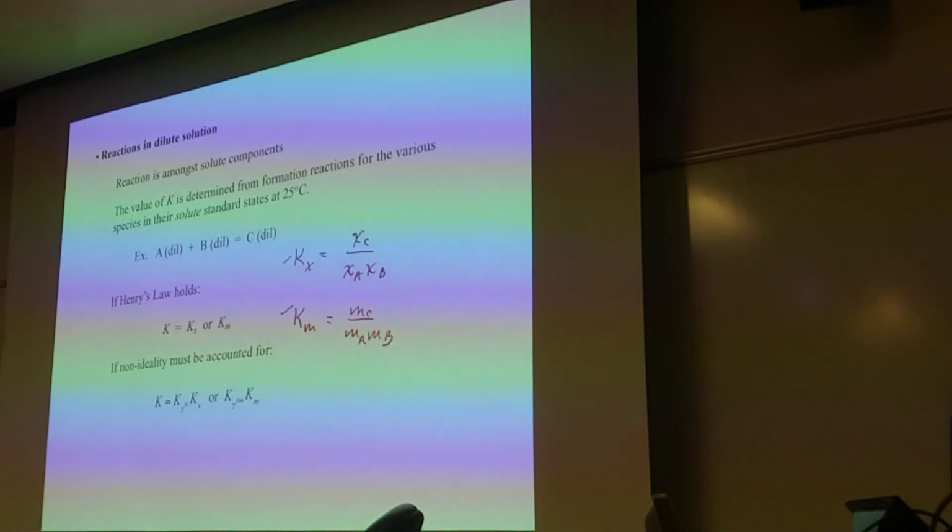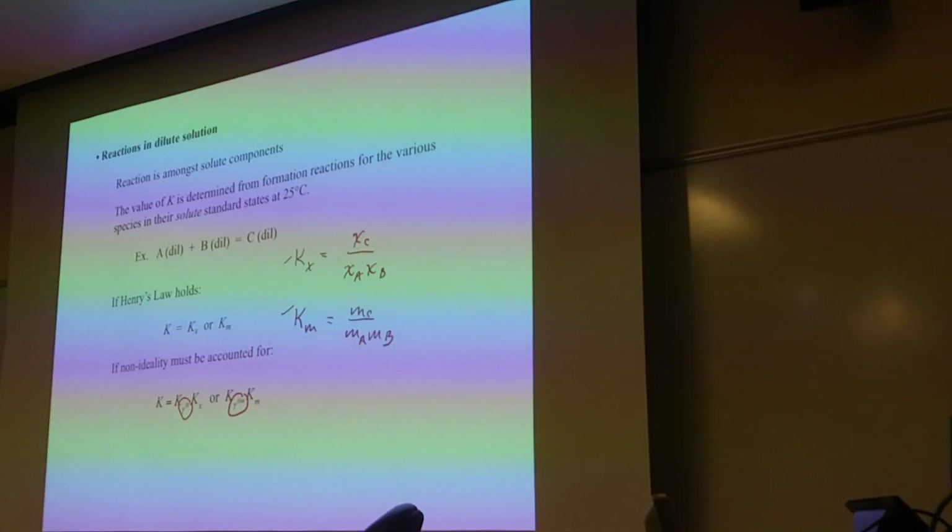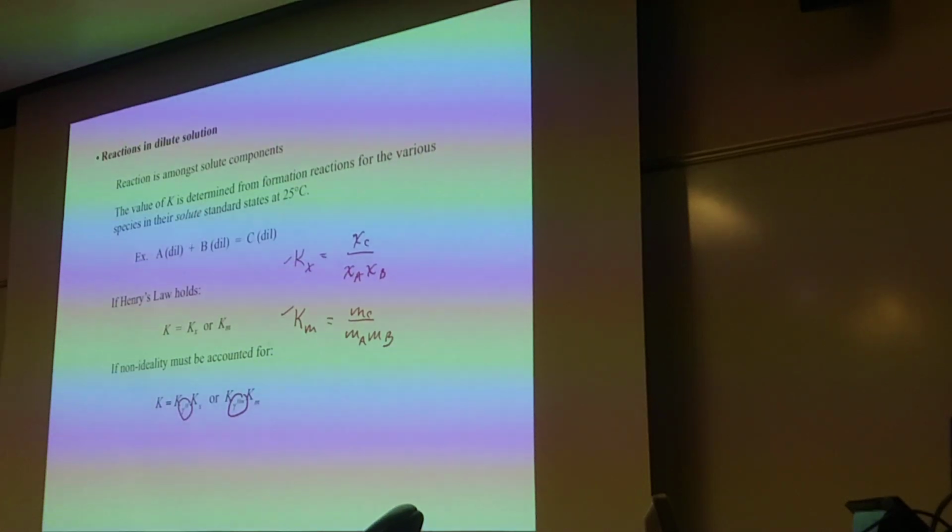Now, if non-ideality has to be accounted for here, then I would need to adjust with these Henry's law type activity coefficients, either in terms of mole fraction or in terms of molality, more often in terms of molality, so that these don't present any additional problems for us.